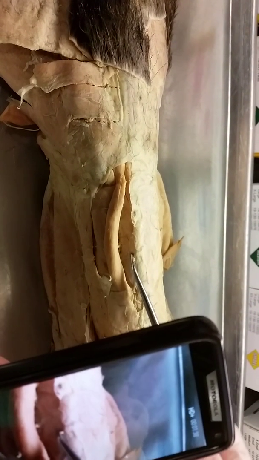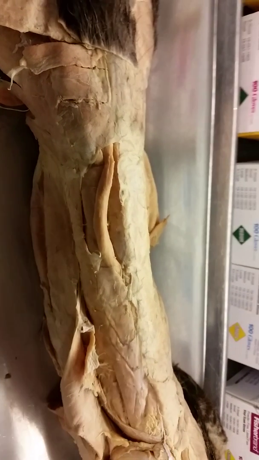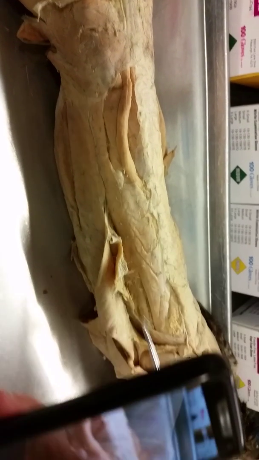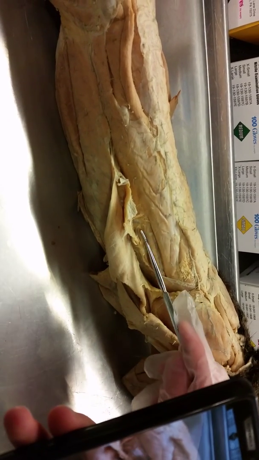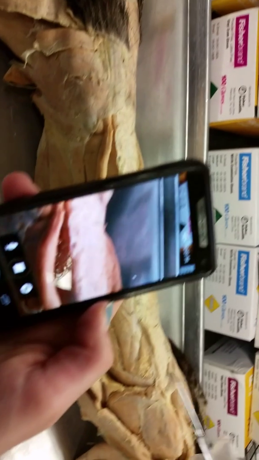It's the muscle medial to the longissimus dorsi, right on the spine.